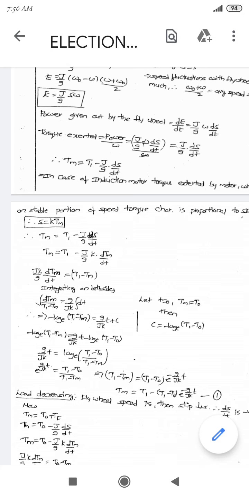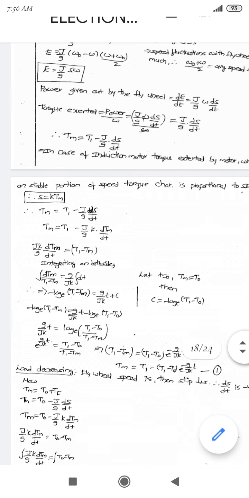Now integrating on both sides, we have the integral of dTm by (TL minus Tm) is equal to g by JK integral of dt. Integrating this expression, we get minus log e (TL minus Tm) is equal to g by JK t plus C, where C is a constant, which can simply be written as minus log (TL minus T naught). Therefore g by JK t is equal to log e of (TL minus T naught) by (TL minus Tm).